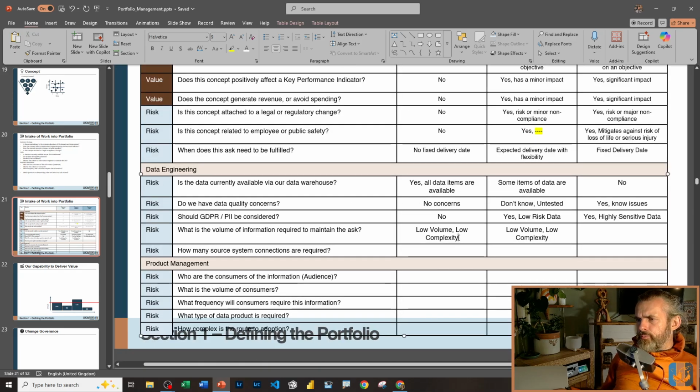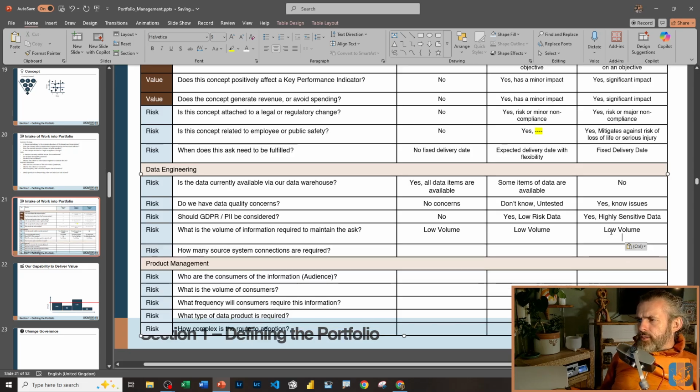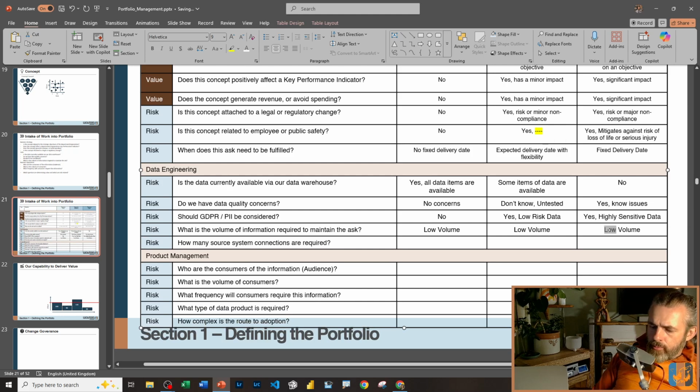Low volume. Do we need a separate question on complexity? I guess this is just the low, medium, and high. But if it's really complex information, no, let's just leave it at that for the moment.